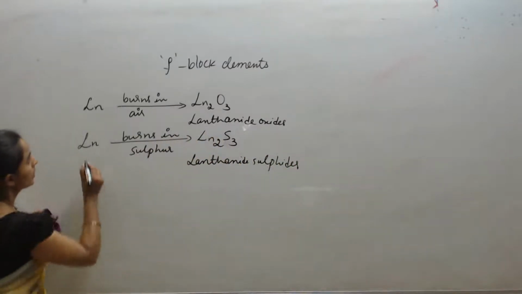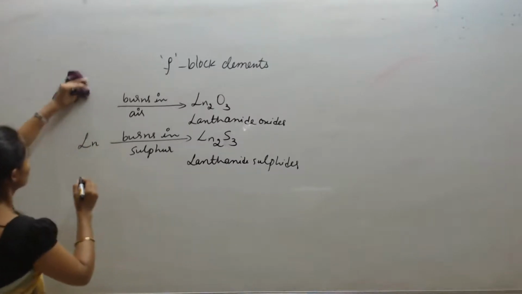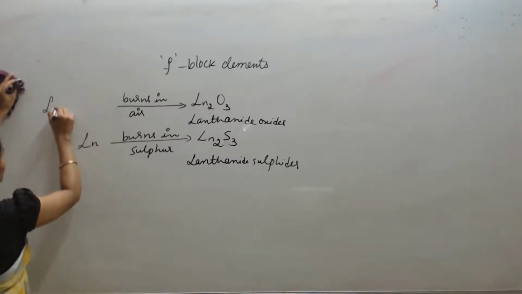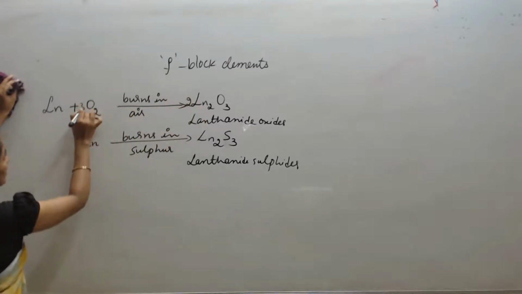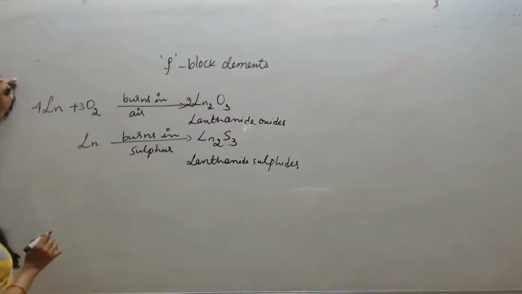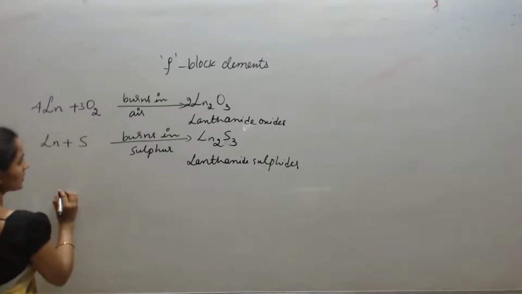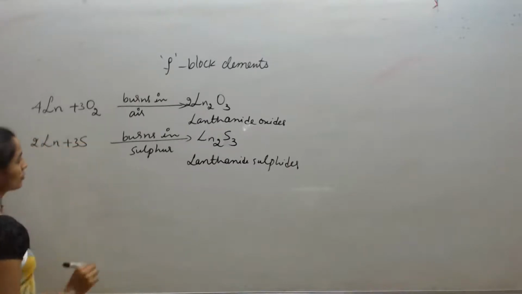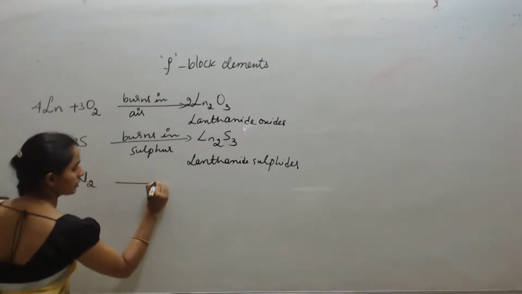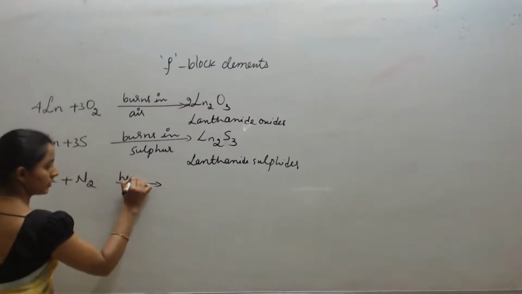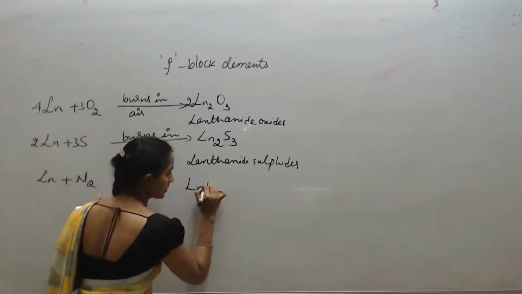Next, if you want to balance, in the presence of air it is Ln plus O2, then 4 moles of Ln, 3 moles of O2, 2 moles of Ln2O3. Lanthanum reacts with sulfur, 2 times Ln and 3 times S. Next, lanthanum heated in the presence of nitrogen: nitrogen is -3 and this is +3 charge.